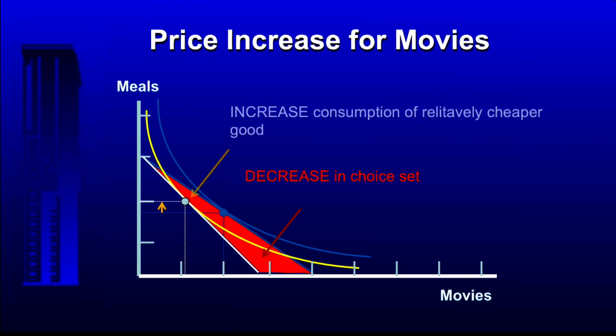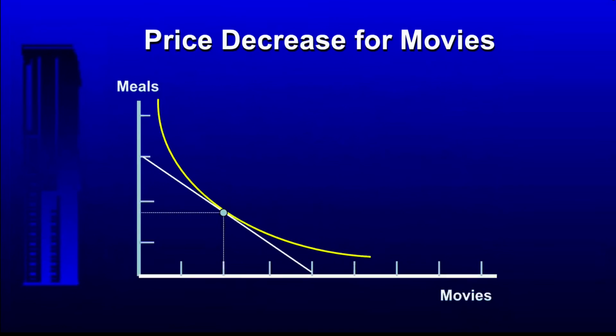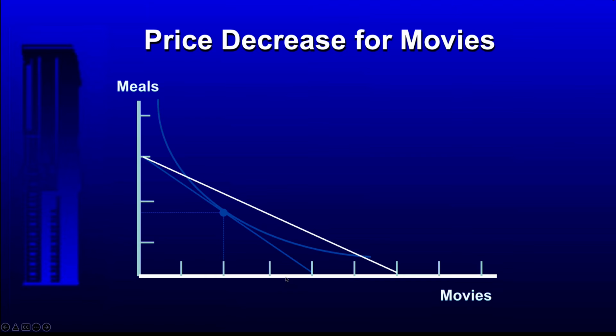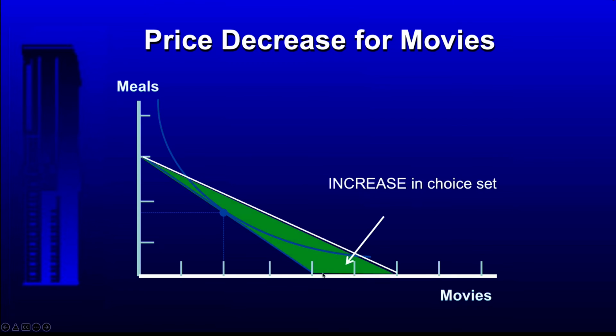Let's take a look now at what happens if we decrease the price for movies. And sure enough, the budget constraint will shift outward to the right, and that will make more bundles available to him. He'll be able to afford to buy more because his money's going to go a little farther.